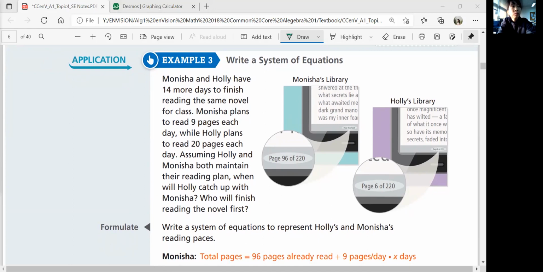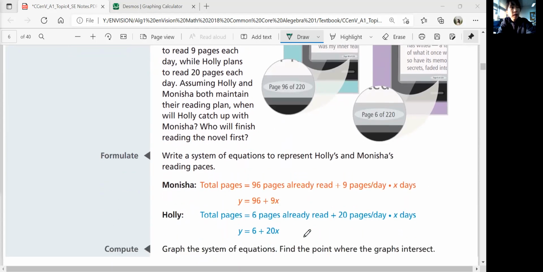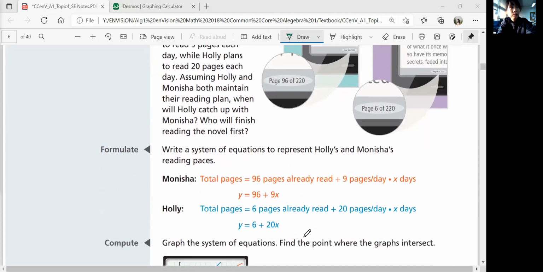Assuming Holly and Manisha both maintain their reading plan, when will Holly catch up with Manisha, who will finish reading the novel first? What's the number of pages read each day represented by the coefficient of the x variable and not the y variable?